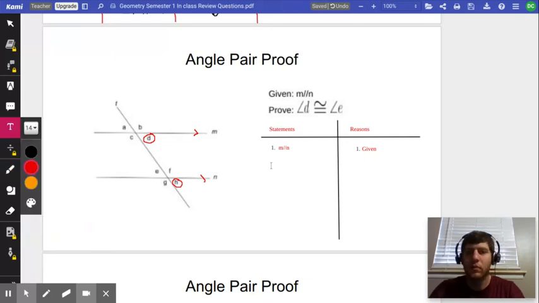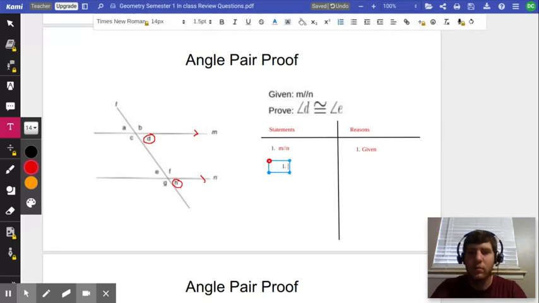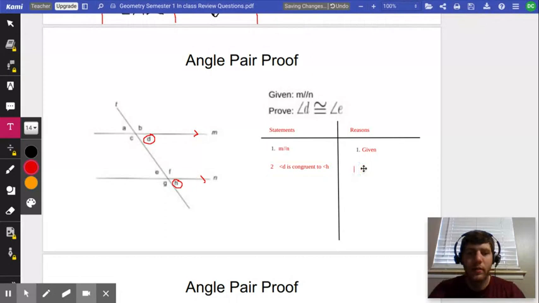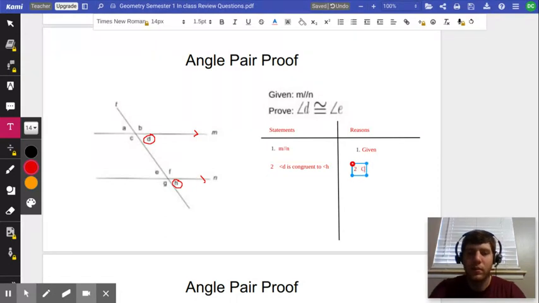So for step 2, we're going to have angle D is congruent to angle H. And that's going to be your corresponding angle theorem, which says if the lines are parallel, then the corresponding angles are congruent.